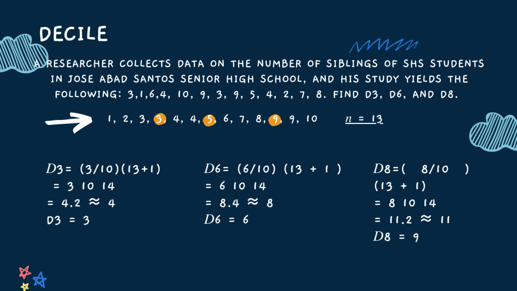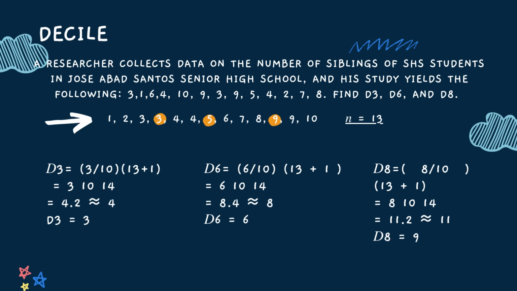For the 6, we have the same process, and it lands on the 8th place. Let's count from 4: the 3 is 4th, 5th is 4, 6th is 4, 7th is 5, and the 8th is 6. I'm sorry, it highlighted the wrong number, but the D6 is 6 as well.